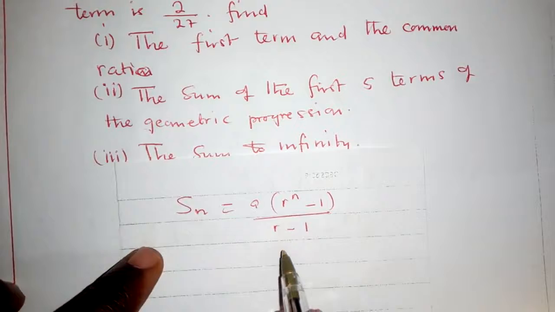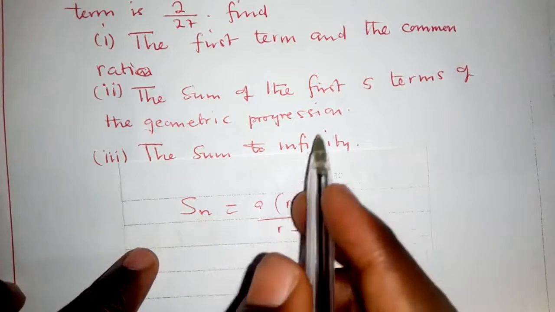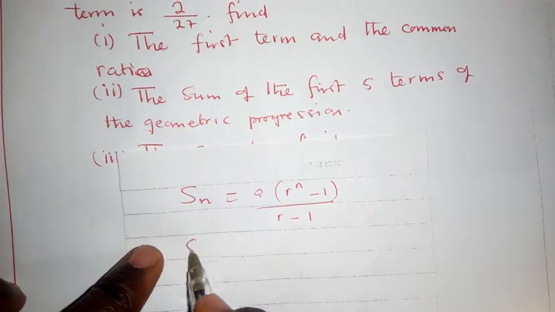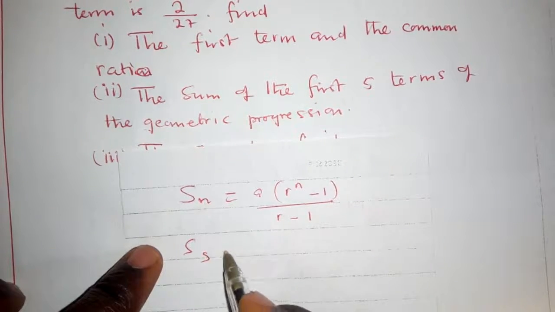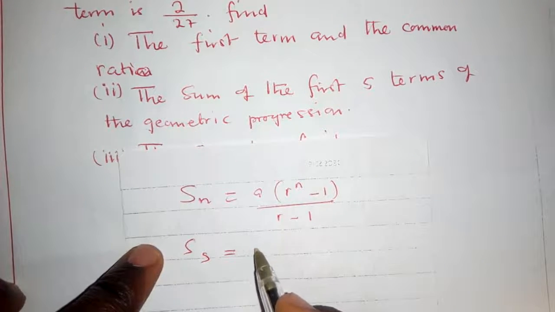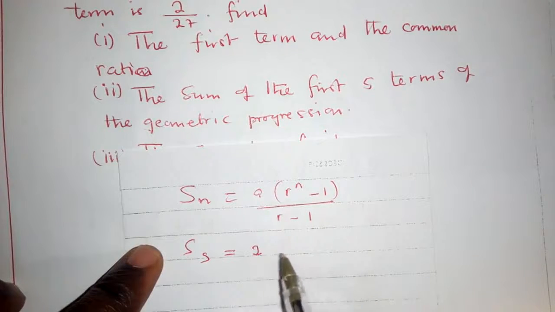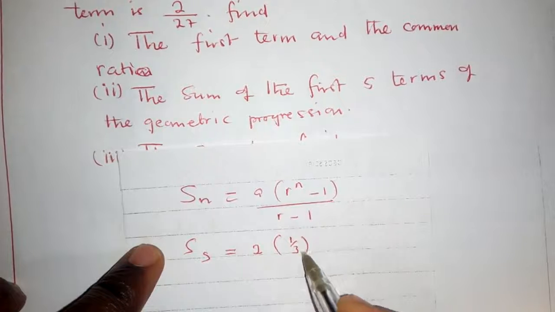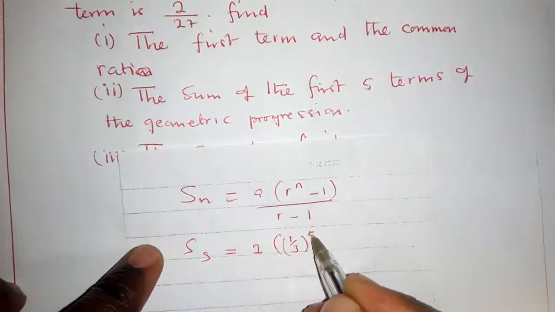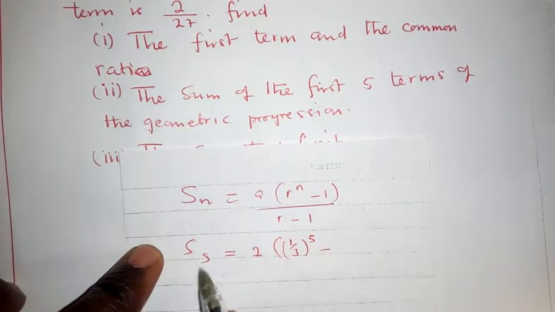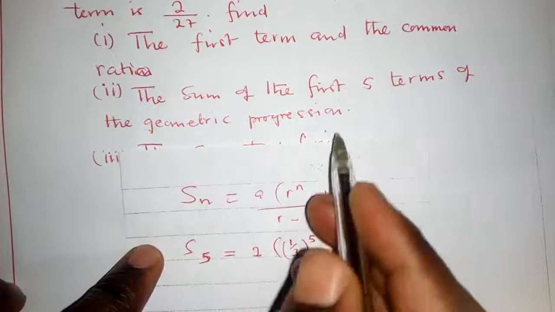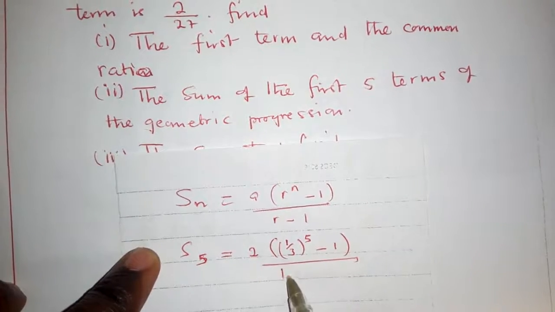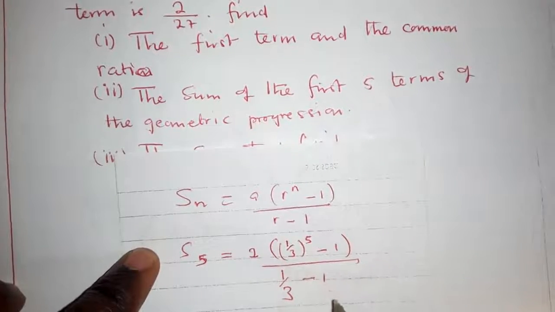This is the formula for the sum of a geometric progression. So a, we found, was 2, and r is 1 over 3. Here it will be power 5. N is 5, that's why I've put a 5 here. Then 1 here over 1 over 3 minus 1.